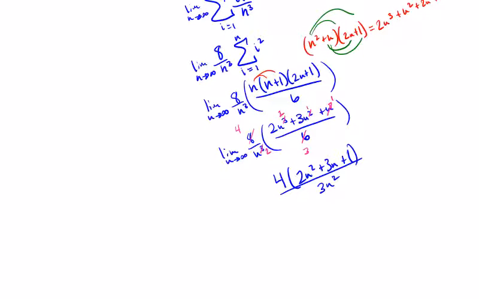And now we can distribute. Let's put this 3 underneath all of these as 3n squared. So that'll be 4 times the quantity of 2n squared over 3n squared plus 3n over 3n squared plus 1 over 3n squared.